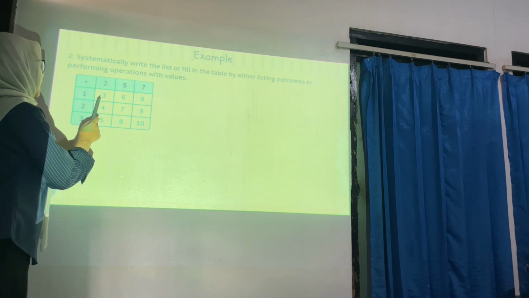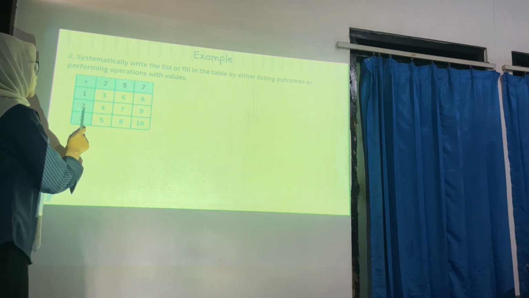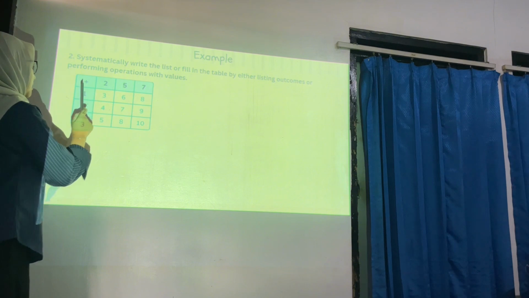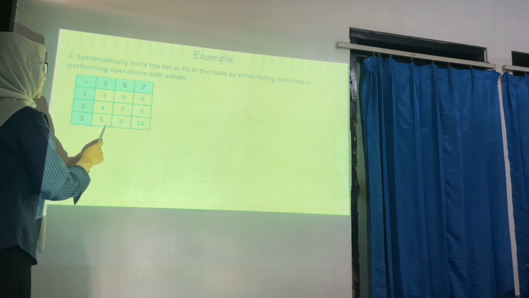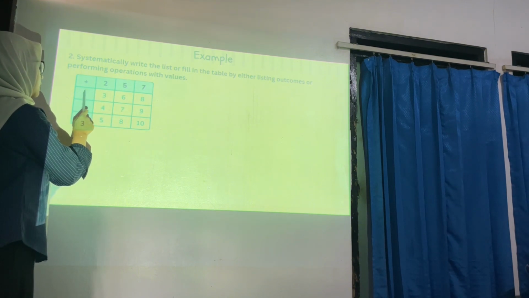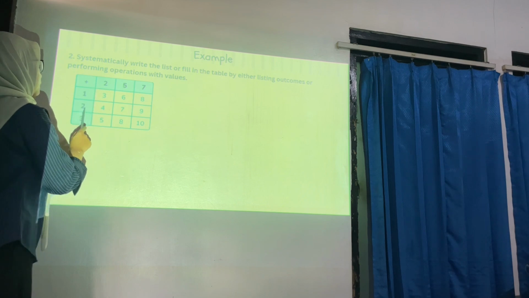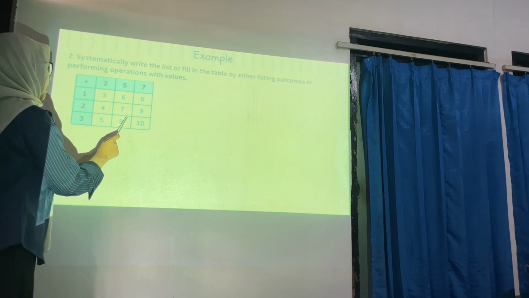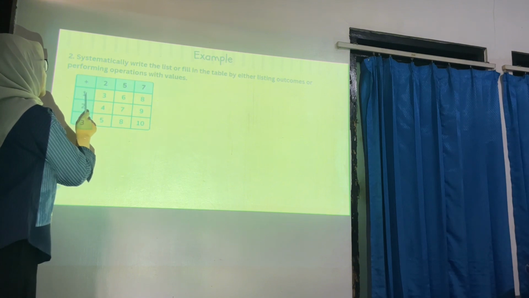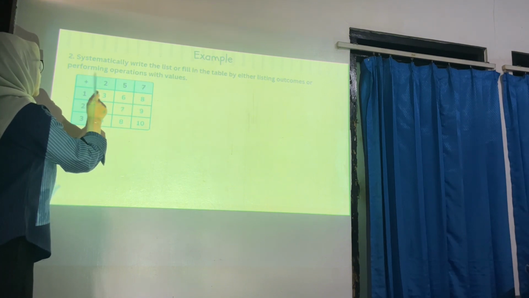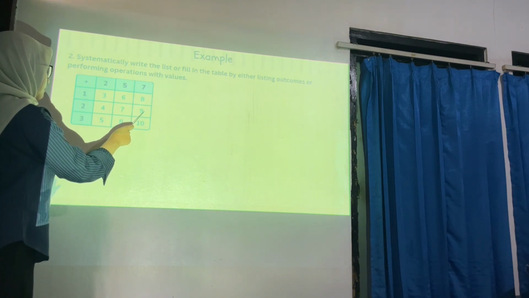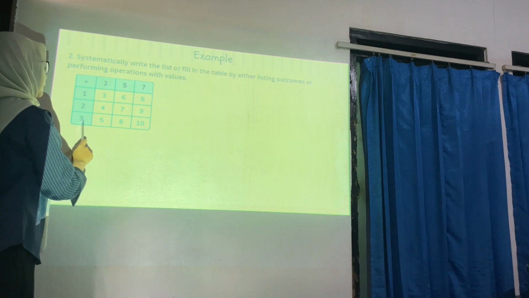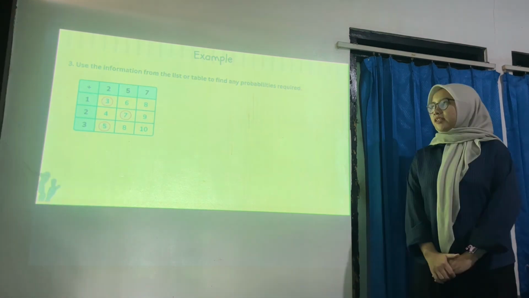2 plus 1 equals 3, 2 plus 2 equals 4, 2 plus 3 equals 5, 5 plus 1 equals 6, 5 plus 2 equals 7, 5 plus 3 equals 8, 7 plus 1 equals 8, 7 plus 2 equals 9, 7 plus 3 equals 10. 3.